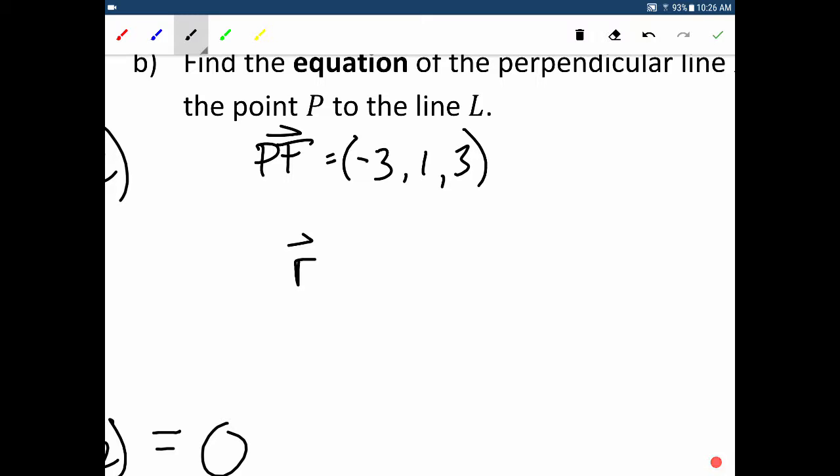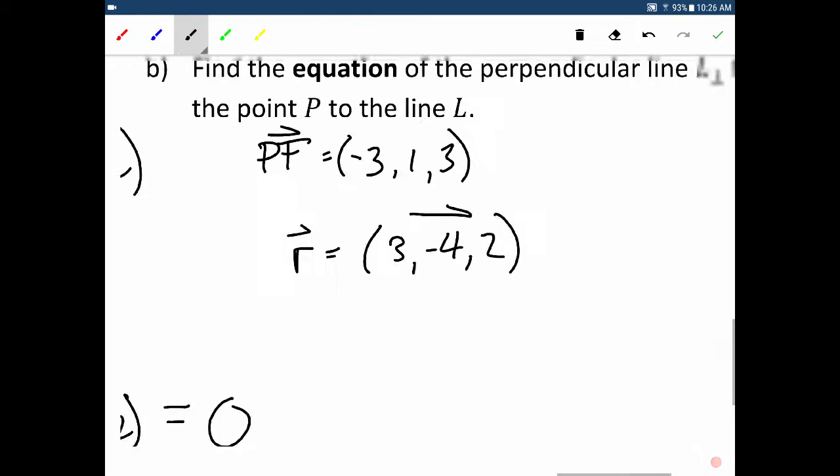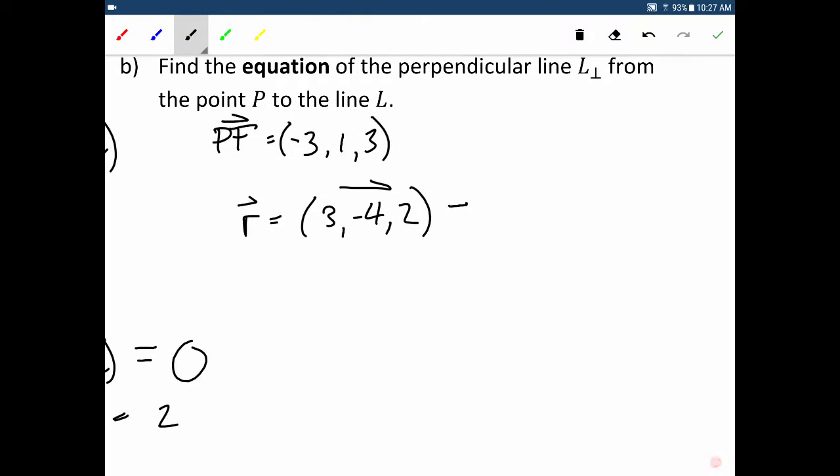So that means I can just say r is equal to my point, which I'll use 3, -4, 2. Like I said, you could use F. The reason I use P is I'm in the habit of using the point that's given in the question if I've also solved for another one, because I know it's right.